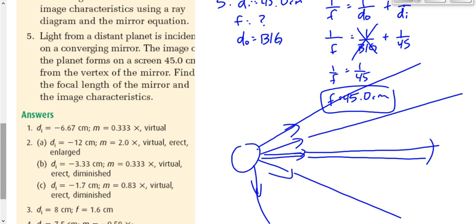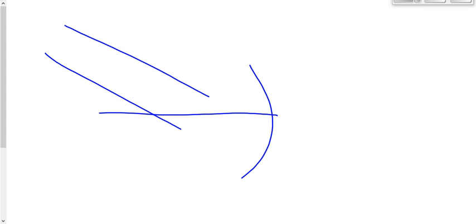What do we know about rays that are parallel to the principal axis? That's right, they never touch, but they'll reflect through the focal point. Now, even if these rays aren't parallel to the principal axis, but they're parallel to each other, then they'll still reflect and converge below the focal point, or above the focal point, depending upon which direction they're coming from.